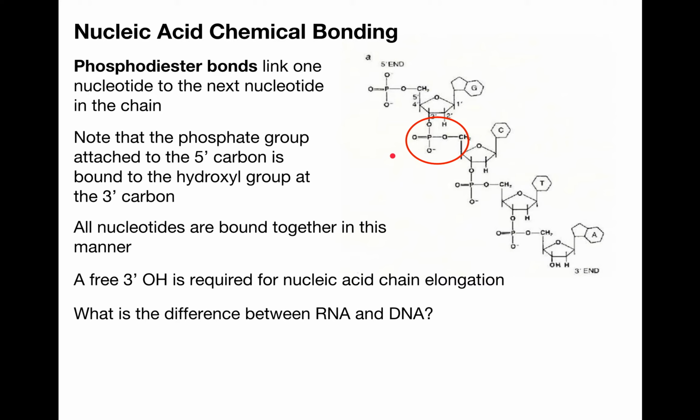It's referred to as a phosphodiester bond because 2 ester groups, here's one and here's the other, are being used along with a phosphorus atom to form the chemical bond between the nucleotides. We'll see later on that in order to form this phosphodiester bond, we have to have a free 3' hydroxyl group present in order to attach new nucleotides to an existing nucleotide.